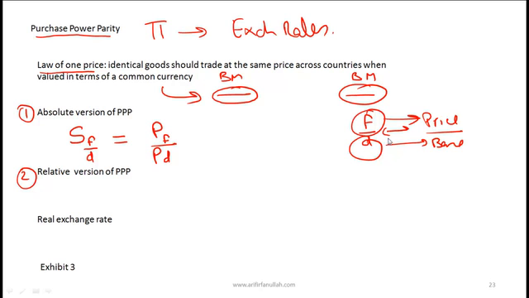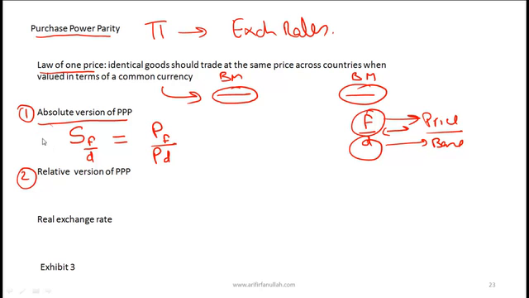Even in the earlier segment on uncovered interest rate parity, the same relationship was true, where the curriculum used the foreign currency as the price currency and domestic currency as the base. So the first formula that you have memorized is based on the absolute version of purchasing power parity. The spot rate or the exchange rate is given by price in the foreign currency divided by price in the domestic currency. In other words, the exchange rate is purely determined by the ratio of the price levels.